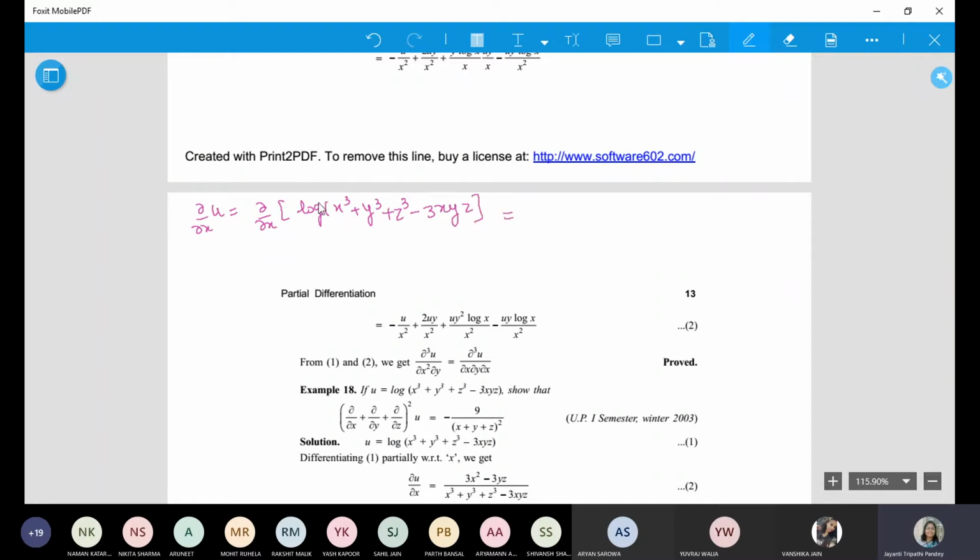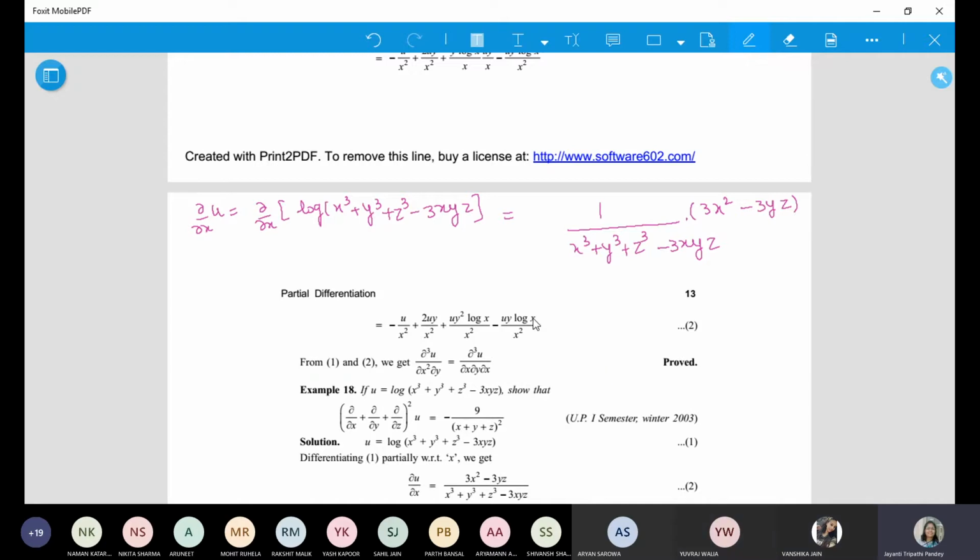I'm doing it for one variable. Similarly, you will do it for the rest of the variables. When you differentiate, first you will differentiate log because this is the chain rule. Then you will differentiate what is inside the log. So that will be 3x square minus 3yz. Is this understood or not?